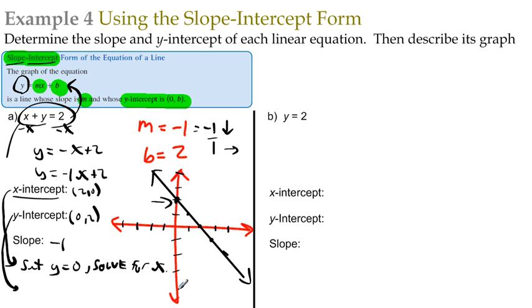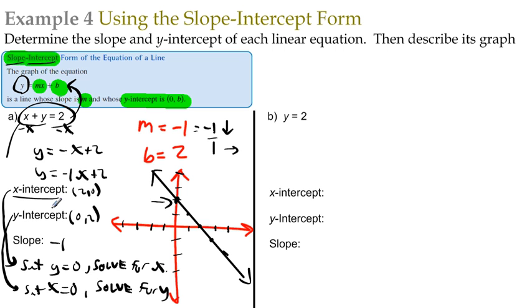What do all the points on the y-axis have in common? The x coordinate is always 0. So you would set x equal to 0, and then solve for y.